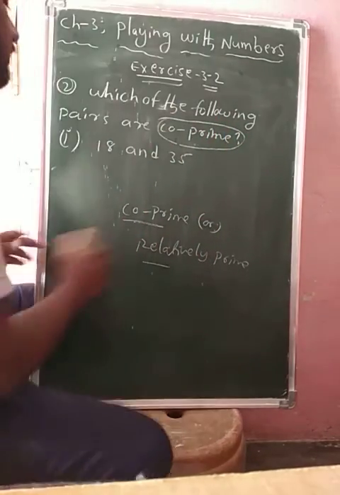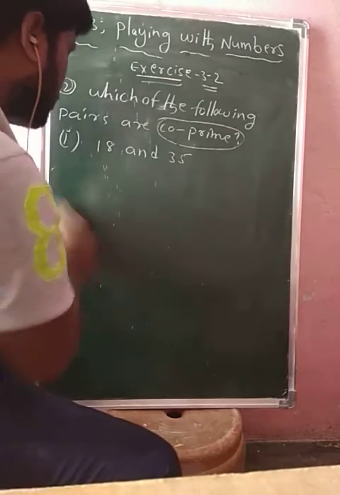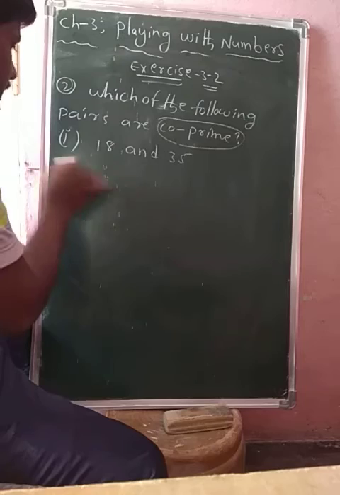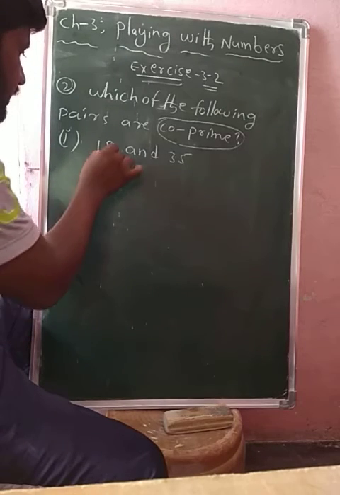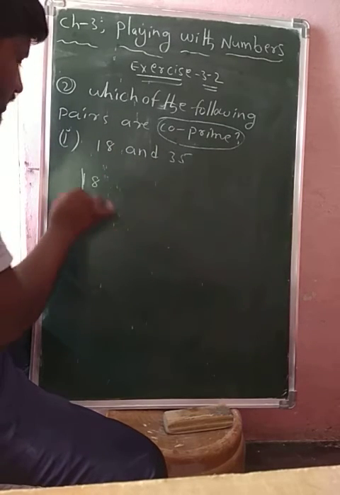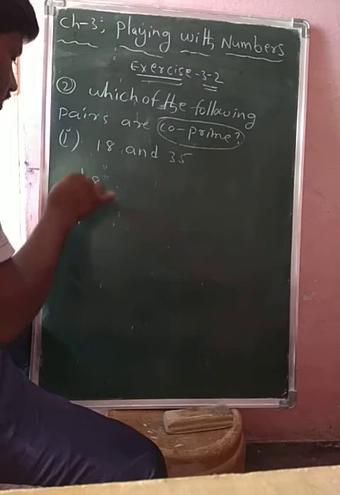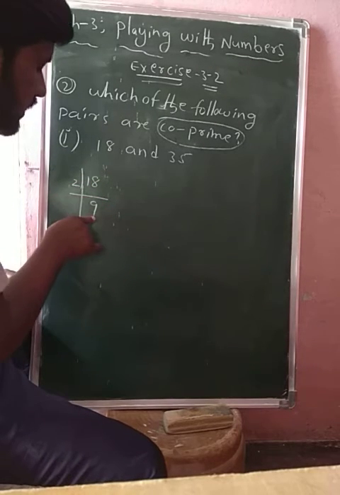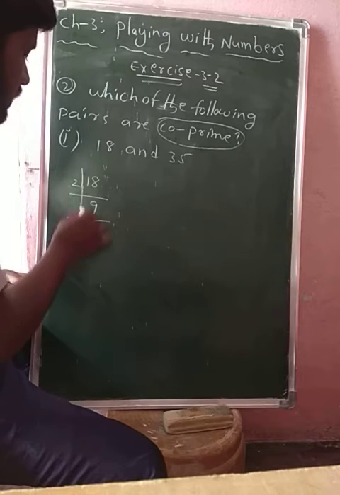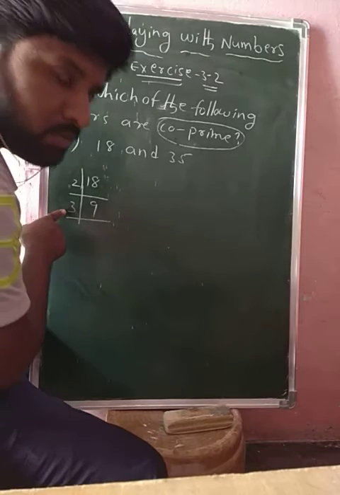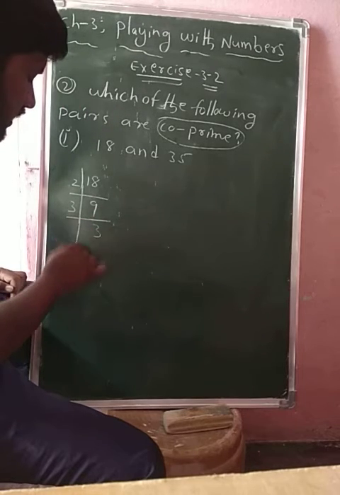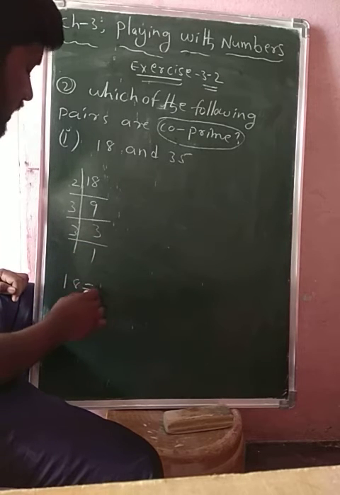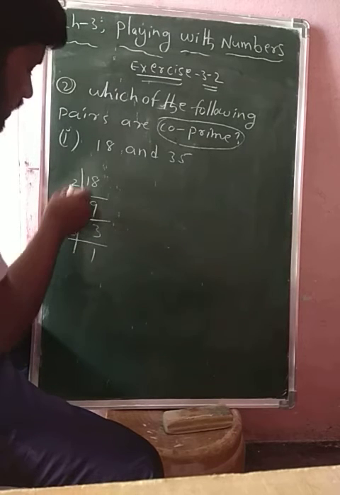Now see, first of all I am finding the factors of 18. I am choosing the prime factorization method. 2 9s are 18, and we should use only prime numbers. 3 3s are 9, 3 1s are 3. So 18 we can express as 2 into 3 into 3.